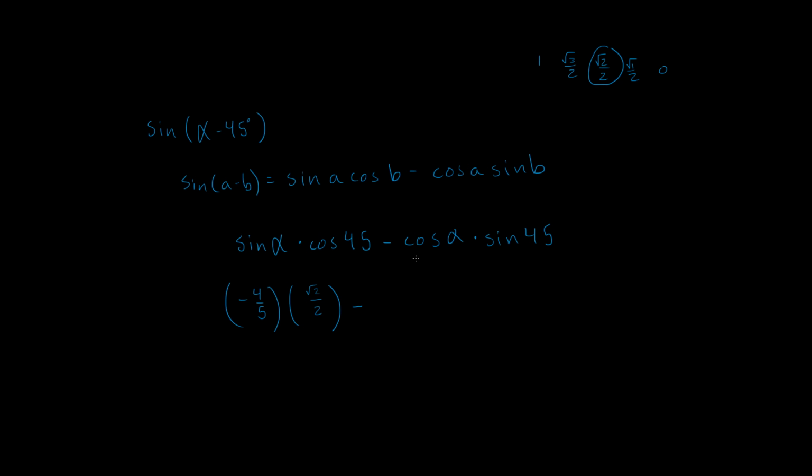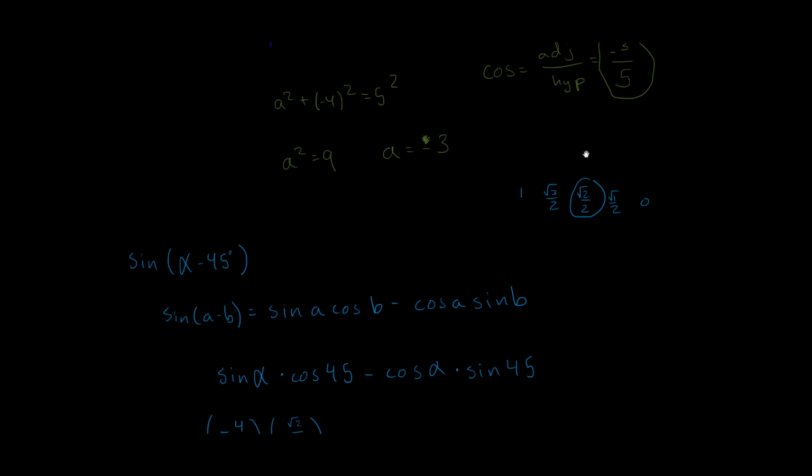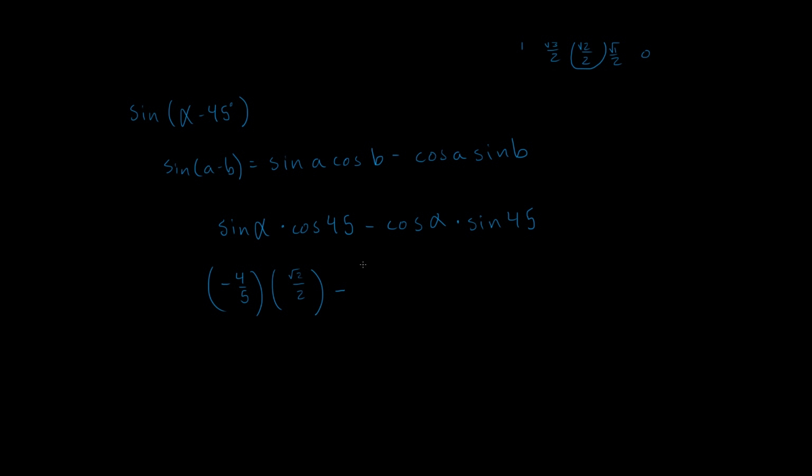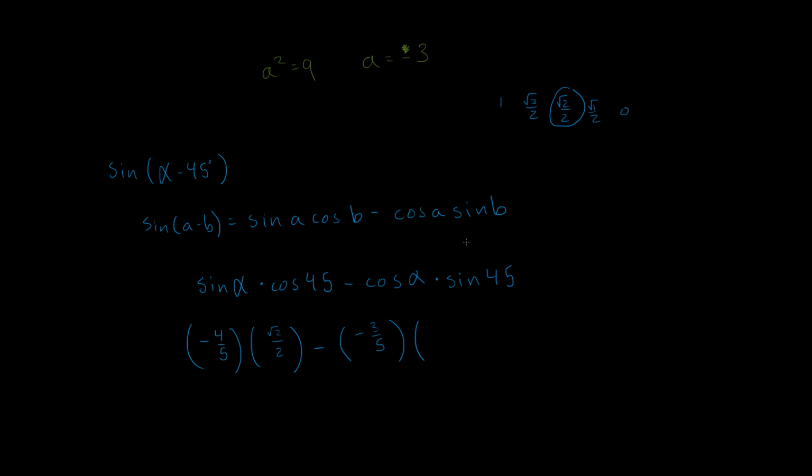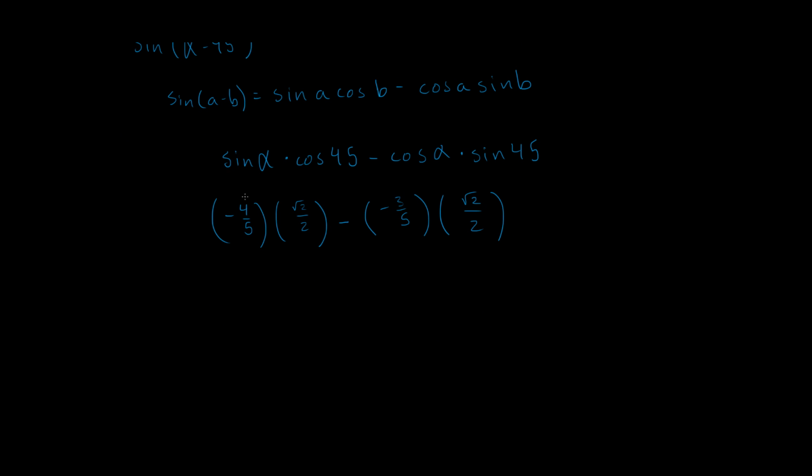minus cosine alpha, which we just found to be negative 3/5 over here, negative 3/5 times sine also is root 2 over 2. That's one of the properties, that sine and cosine of 45 are both root 2 over 2. So now let's simplify.